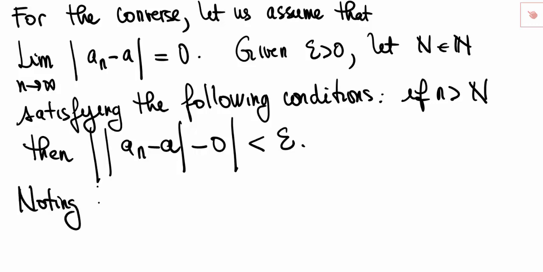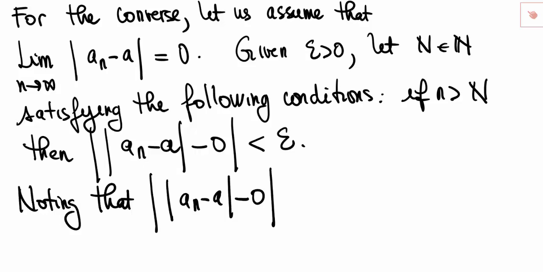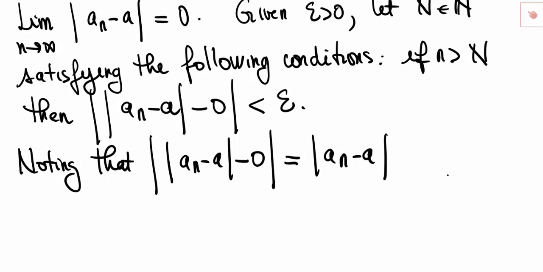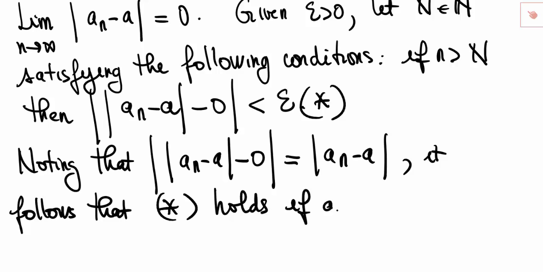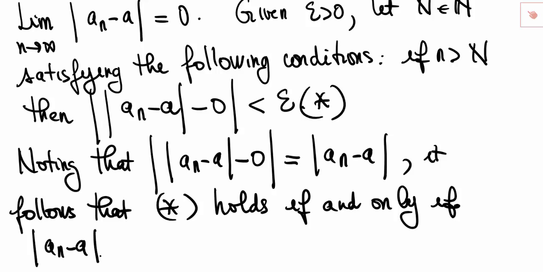Noting that this quantity here is actually just the absolute value of An minus a, it follows that, let me call this here star, star holds if and only if the absolute value of An minus a is less than epsilon.